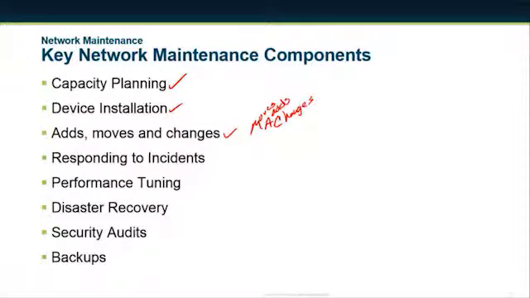Also responding to incidents when they occur, and performance tuning, making sure your network and infrastructure is optimized to meet your particular needs and your particular environment. Also disaster recovery planning. That's a big part of infrastructure and the life cycle of an architecture: planning for worst case scenarios.